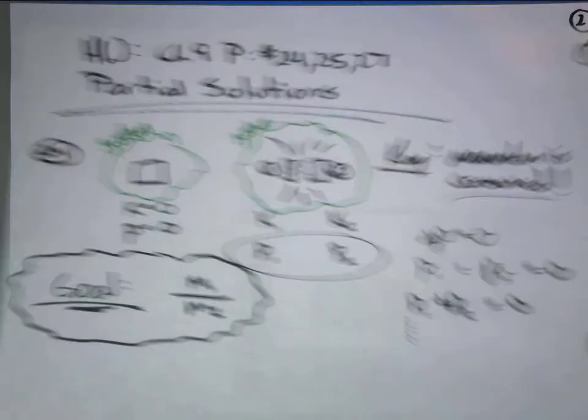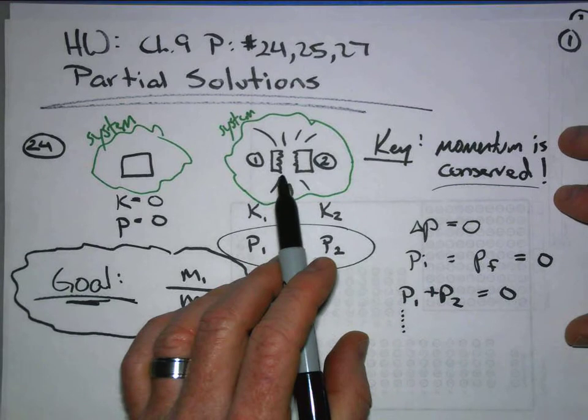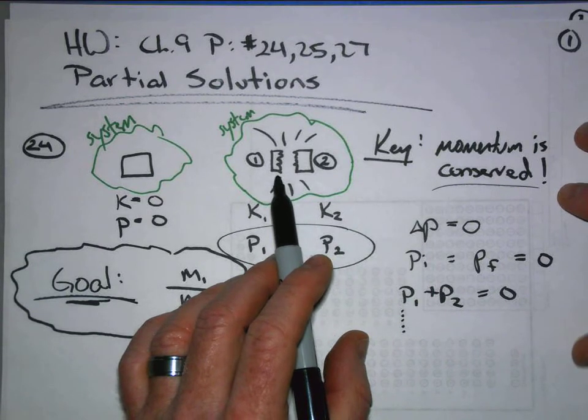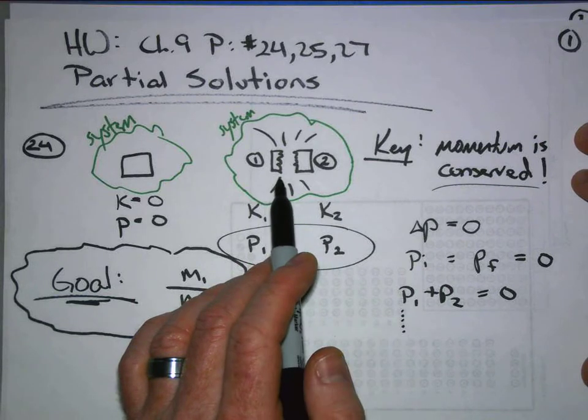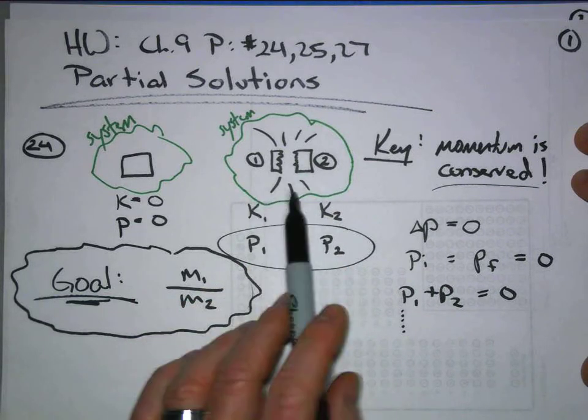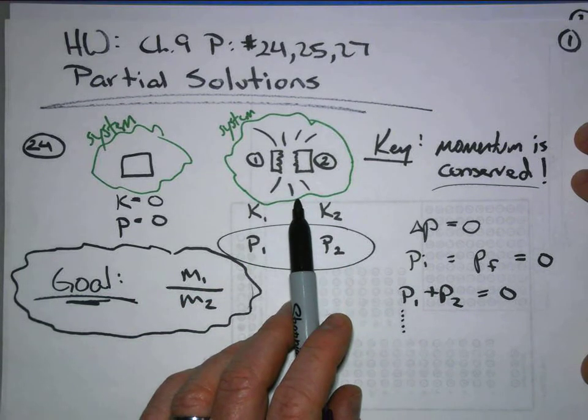There's something else with this problem to consider. In the problem we are told the relative kinetic energies of these two objects. We are told that the kinetic energy of one of these objects is twice the value of the kinetic energy of the other object.